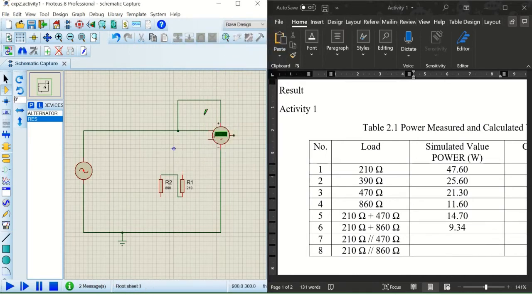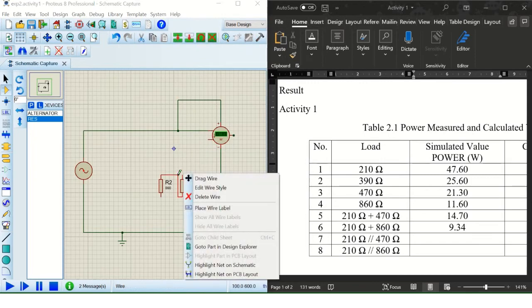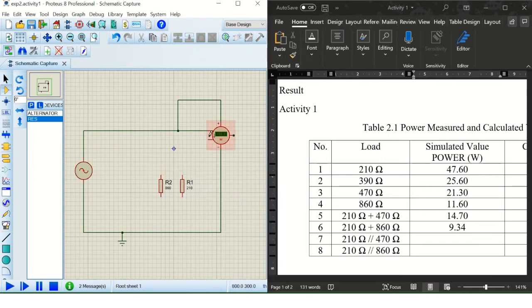Okay, delete the wire. Now we complete the circuit. Okay, you see R1 and R2 are in the parallel configuration.